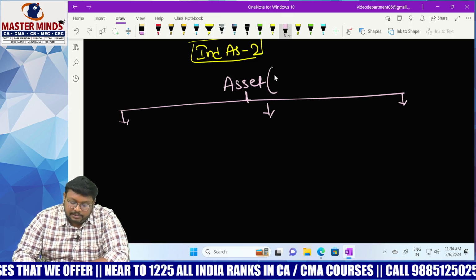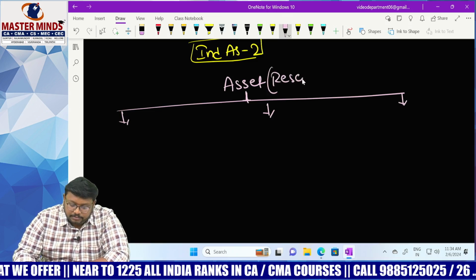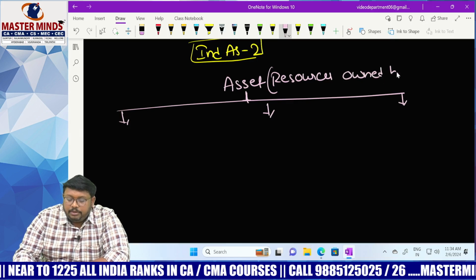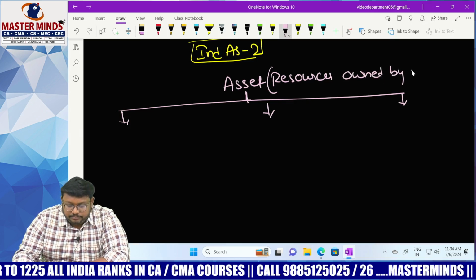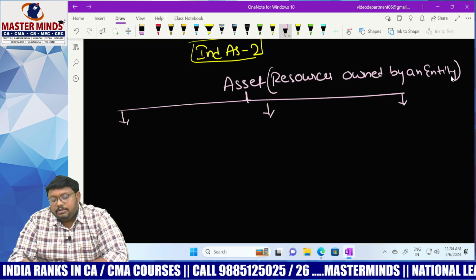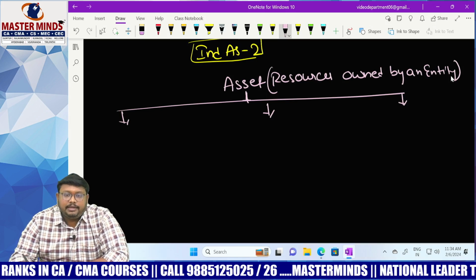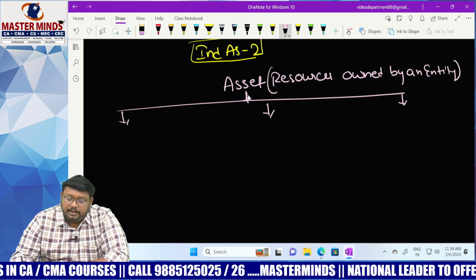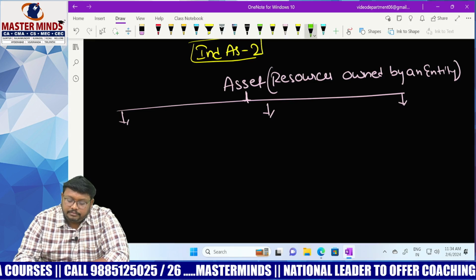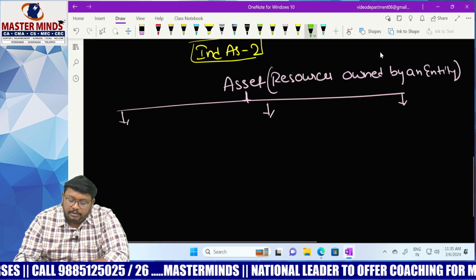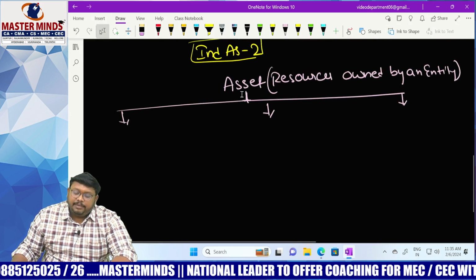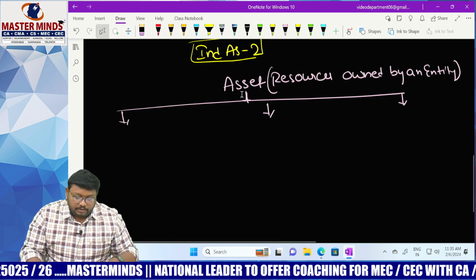Simply, we can say it is resources owned by an enterprise or entity. They purchased them and they are owned by the entity. So the entity is the owner of all the assets.